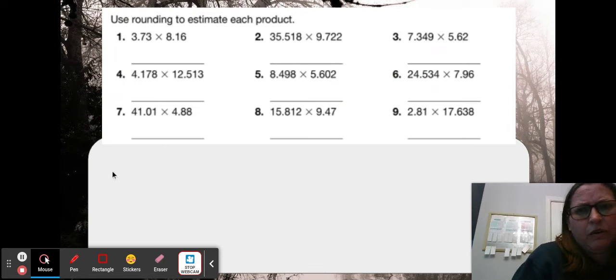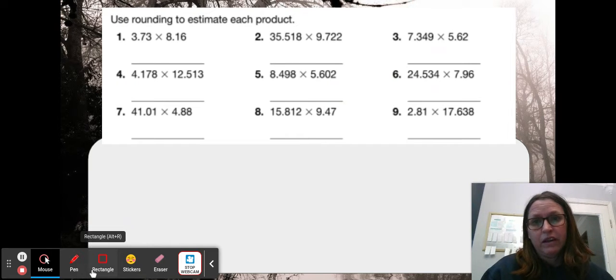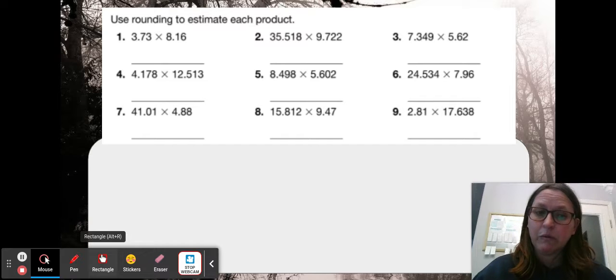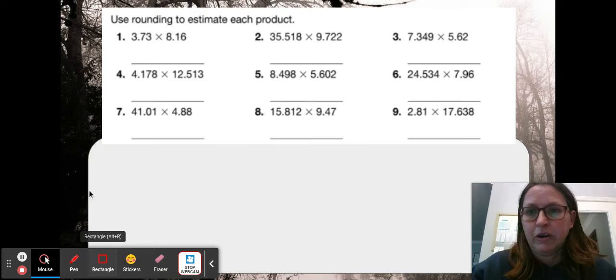Right here, we're going to talk about how to round and estimate to get to the product. Remember what I said, when we're rounding with this, we're always rounding to a whole number.